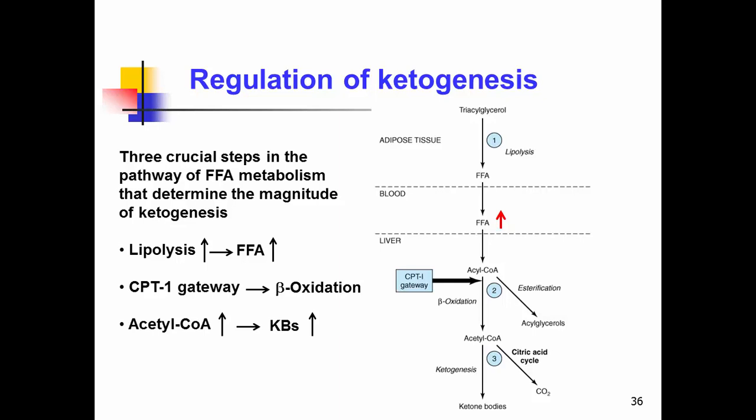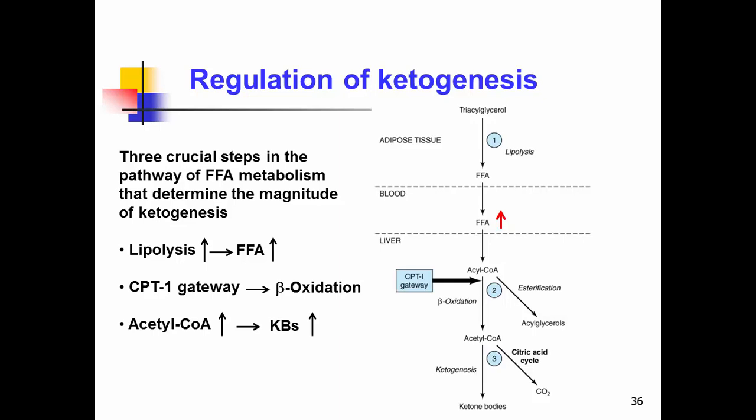This increase is very important and can promote ketogenesis. So one regulatory point is the circulating fatty acids level: increased lipolysis and fatty acid level is one important regulatory factor.